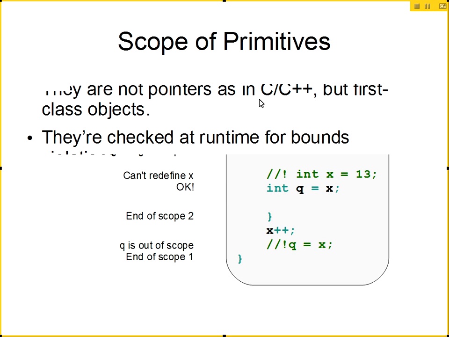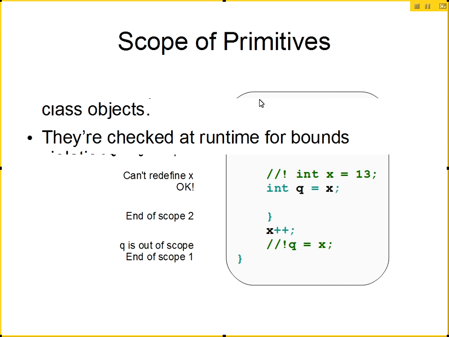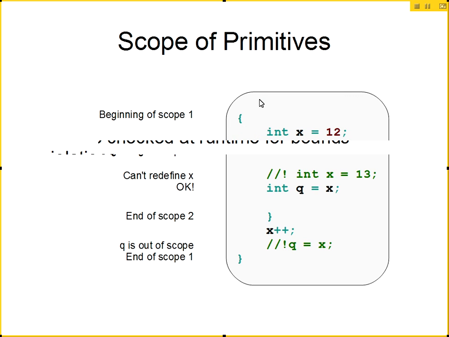Inside the inner block there, we can't redefine the variable x, the integer variable x, but it's accessible to us. But if I define something inside the inner block, I cannot access it in the outer block.